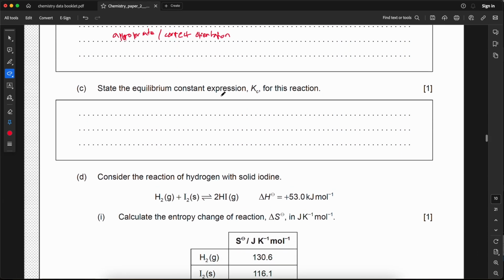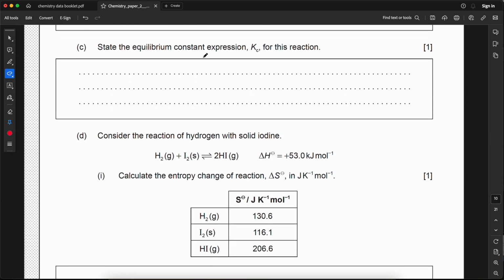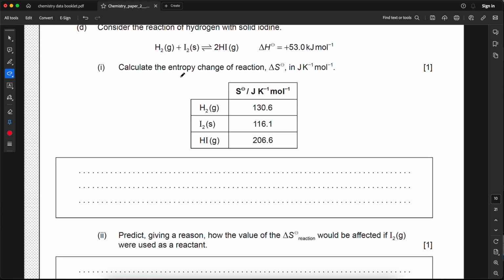All right, state the equilibrium constant expression Kc for this reaction. The reaction is H2 plus I2 produce 2HI. So Kc will be [HI] to the power 2 because the coefficient is 2, and then [H2][I2]. Consider the reaction of hydrogen with solid iodine. Calculate the entropy change of reaction.